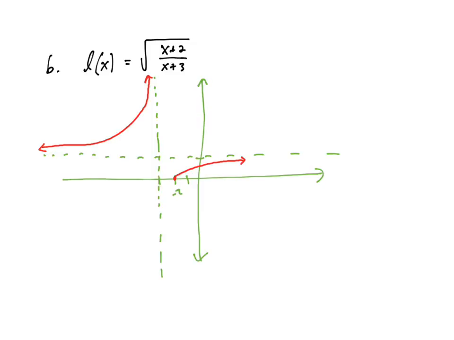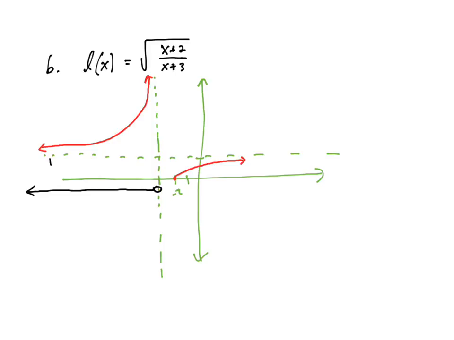So the red portion is the graph. One way we can think about the domain is what are the x values that the graph touches. What we see here is that from negative infinity up to this value right here, not including that, and that's negative 3, the graph is hitting the x-axis.